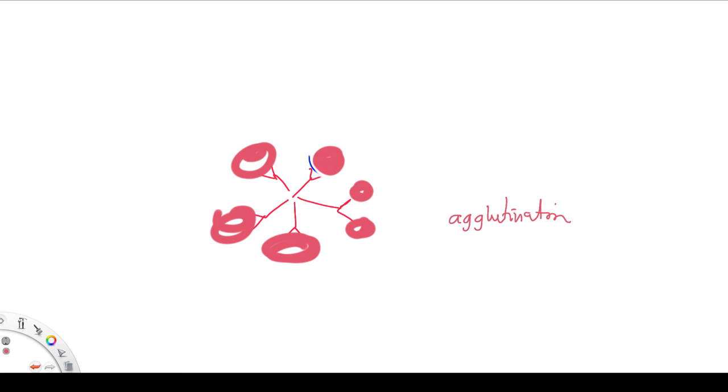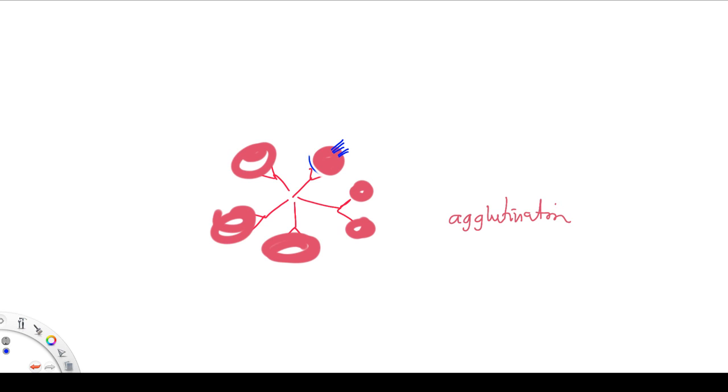You don't have anti-A antibodies in yourself. You can only produce antibodies in response to something that you've never seen before. Okay? And then IgM activates who? Complements. And complements will cause what? Hemolysis. So that's transfusion reaction in short.